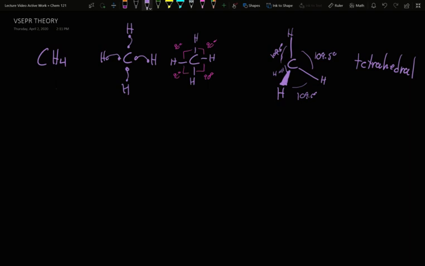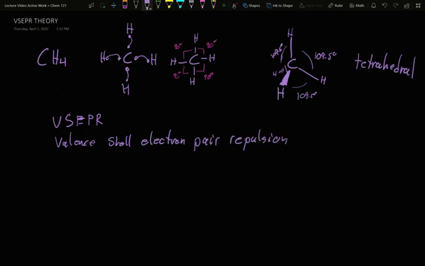Conveniently, this is where VSEPR theory comes in. It looks more like VSEPR, but it is pronounced VSEPR theory. VSEPR theory is valence shell electron pair repulsion.